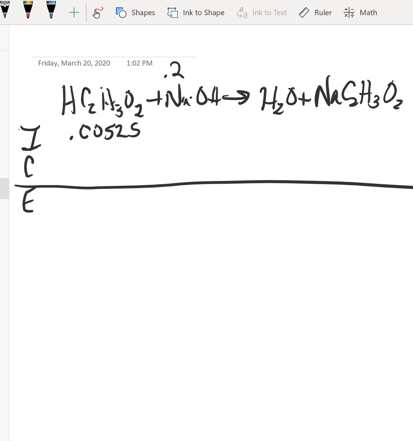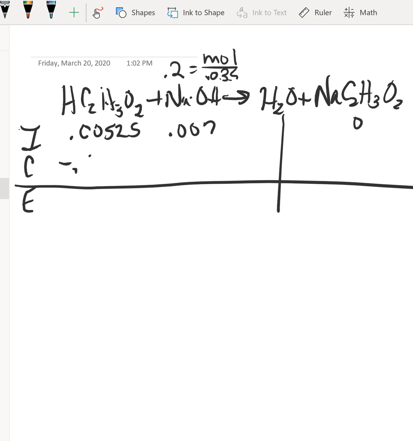So this is 0.2 moles over 35 milliliters. So 0.007, don't care about water.